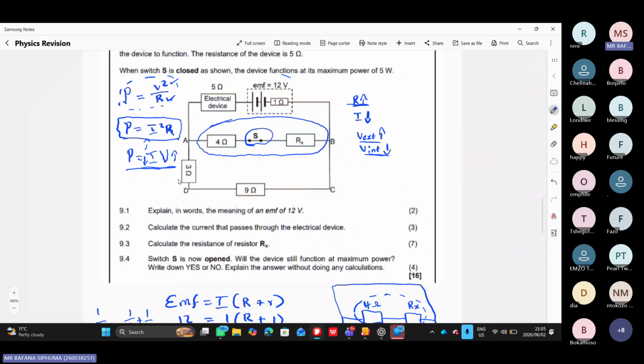V external is increasing, which means in most cases the power is going to apply in these two formulas. This one is going to fail. We're not going to apply that formula. Why? Because we have two formulas that are explaining the same thing. In this formula the current is decreasing; in the second formula current is also decreasing.